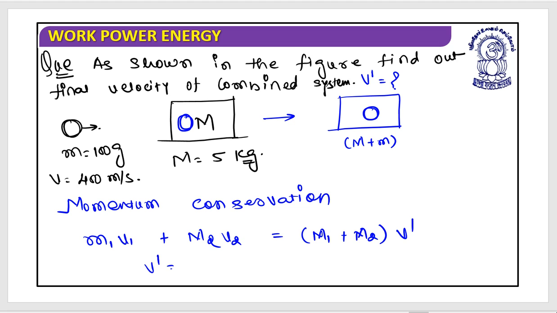So v dash would be m1 v1 plus m2 v2 divided by m1 plus m2. I hope this is clear.